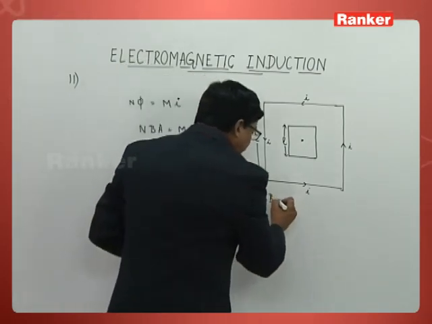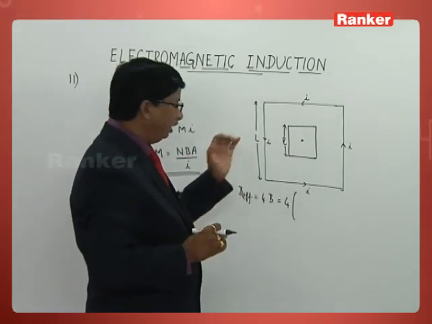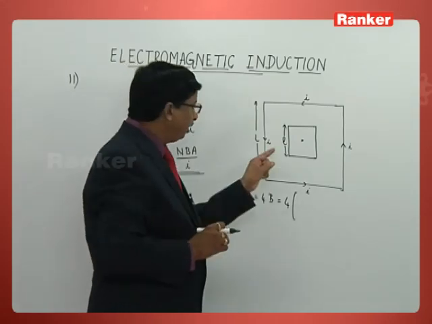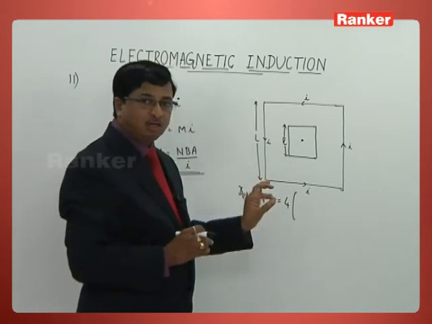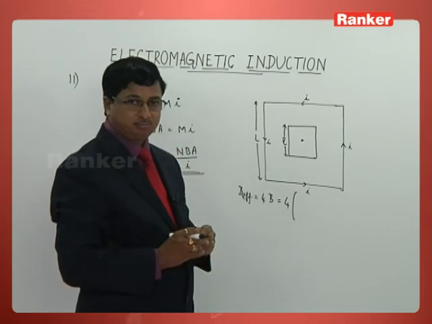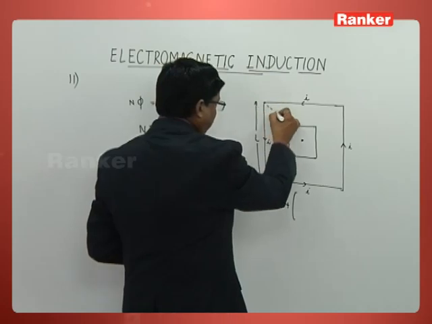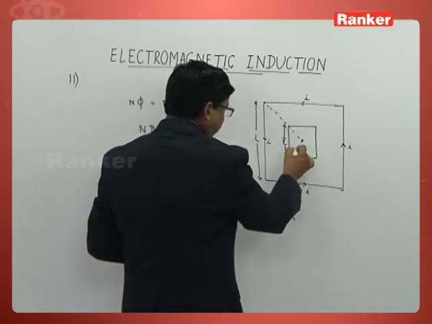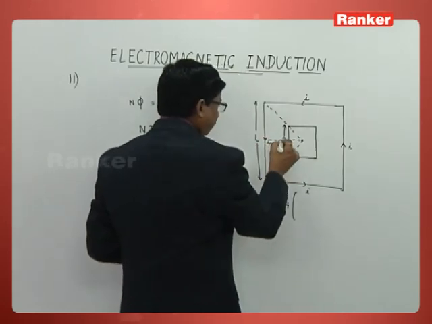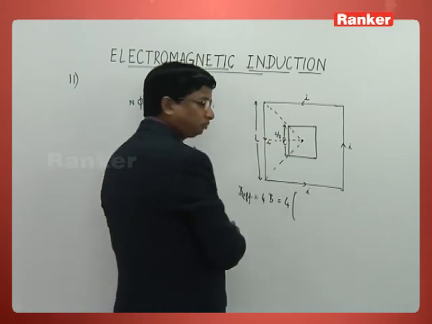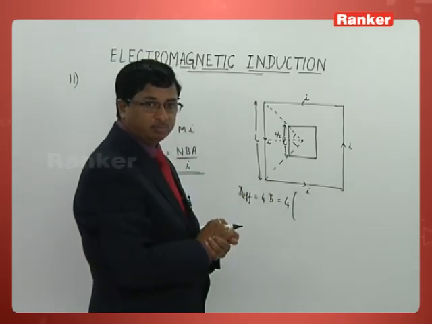But how do we get this value of B? Everybody must have got the idea of magnetic induction due to a finite long current carrying conductor at a point. For example, if I just connect this one over here, and this one over here, this will now be the perpendicular distance, which of course is going to be L by 2. And this angle will be 45 degrees, this angle will also be 45 degrees.